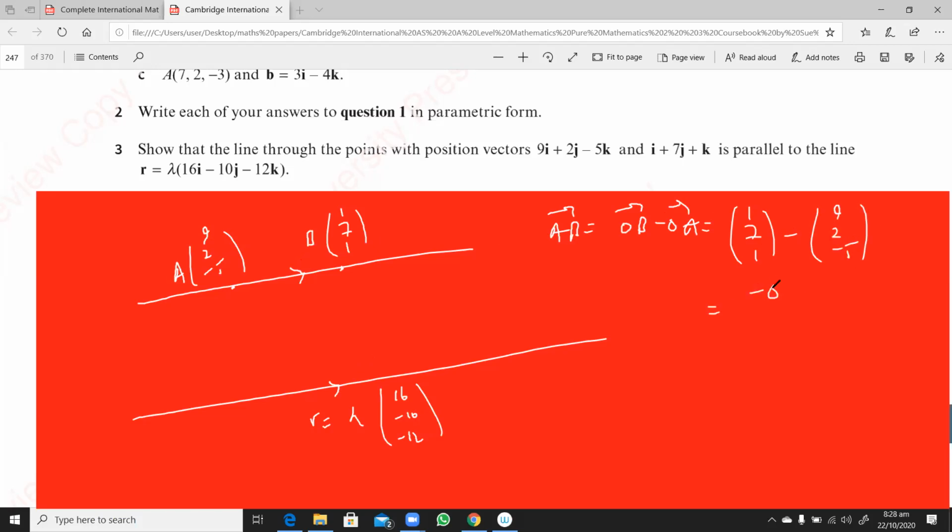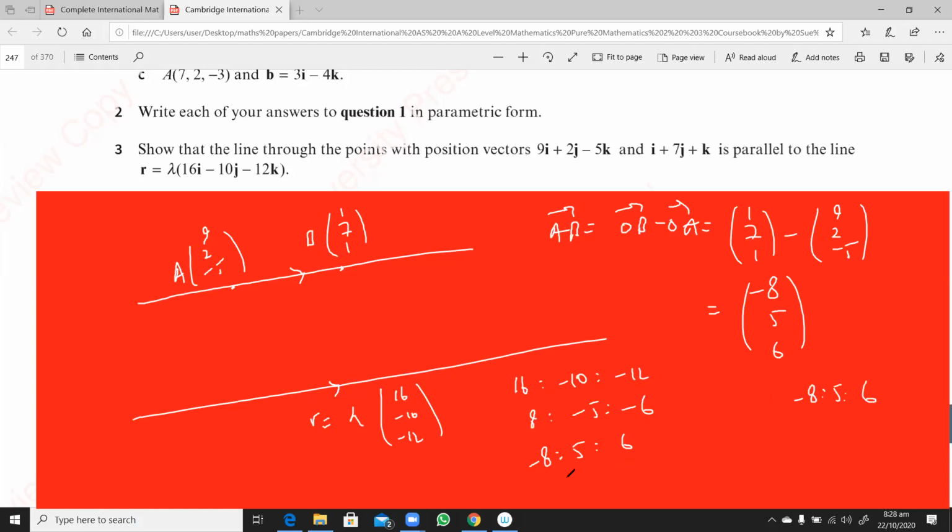So this is (-8, 5, 6). Now if you write the direction ratios of the other vector, this is going to be 8, -5, -6, or you can also write it as -8, 5, 6.